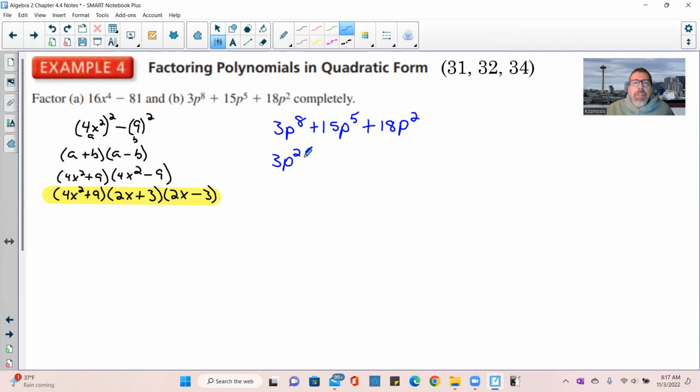Then you put parentheses and just divide. 3 divided by 3 is 1, p to the 8 divided by p squared is p to the 6th, plus 15 divided by 3 is 5, p to the 5th divided by p squared is p cubed, plus 18 divided by 3 is 6, p squared divided by p squared is 1. So now I've factored out a greatest common factor, and now I have p to the 6 plus 5p cubed plus 6.